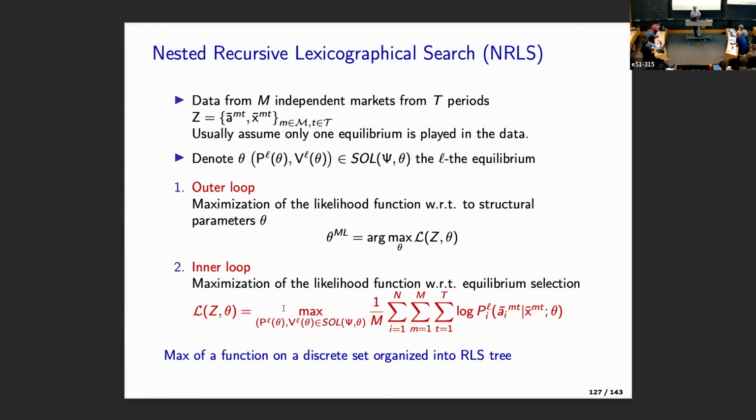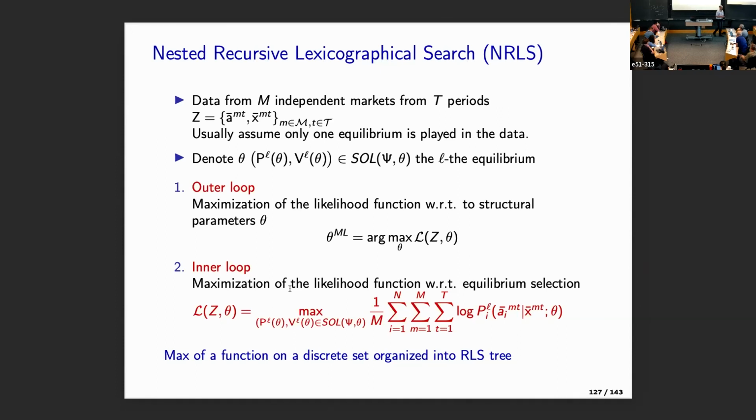The likelihood function has to be maximized over the set of equilibria. And that's the approach. So if we can solve for all equilibria, then we can calculate the likelihood of each of those equilibria and maximize over a discrete set of equilibria, which of course makes the problem very, very hard. And takes it back to what Bertel was showing for the static game.